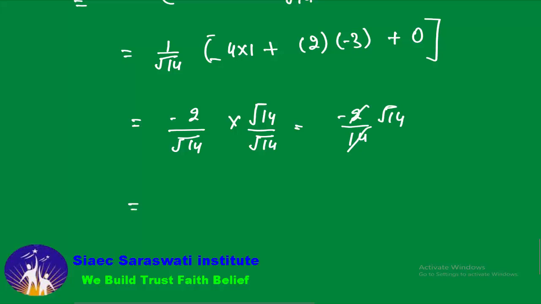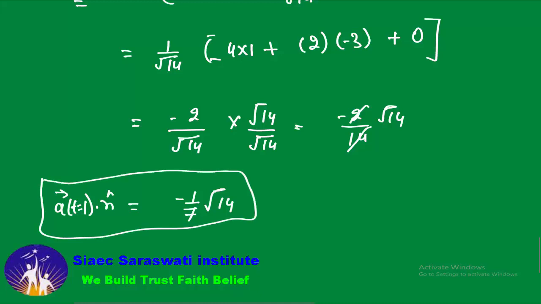So the final answer will be minus 1 by 7 times root 14. This is the acceleration at time t equal to 1 second dot n cap, the acceleration component of the given vector. This is the required answer.